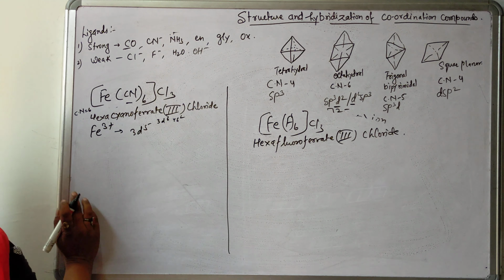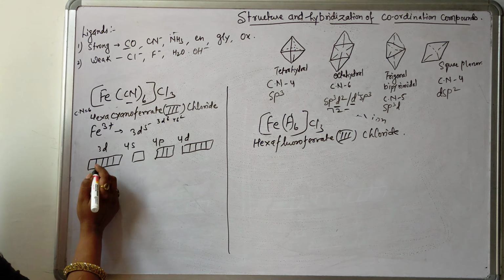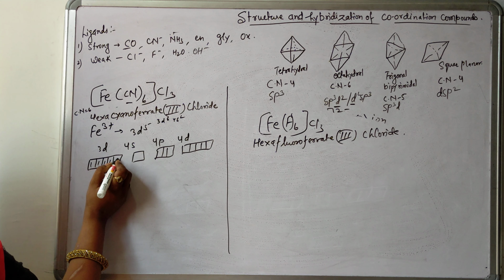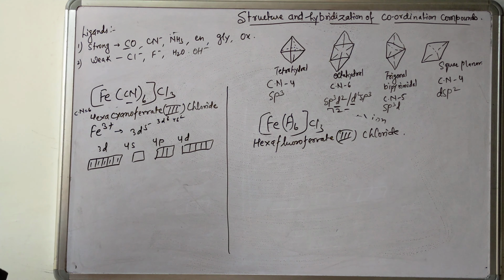I am using 4d here because there are 6 ligands, so it goes down. Okay. 3d, 4s, 4p, 4d. 3d, how many electrons are here? There are 5 electrons: 1, 2, 3, 4, 5. There are 5 electrons.